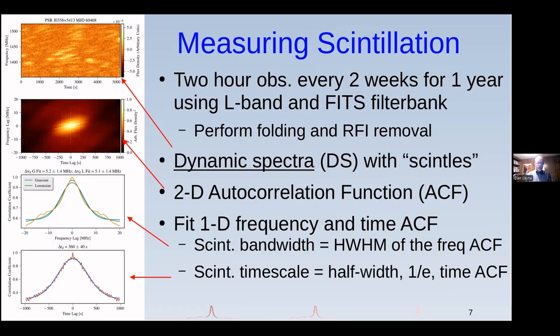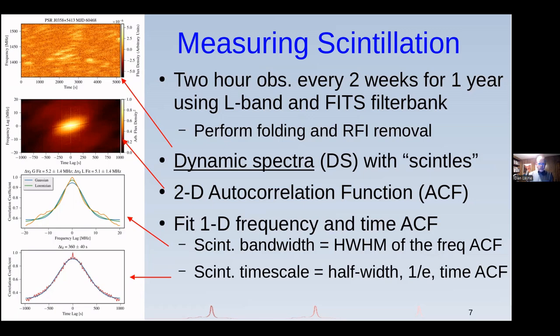That's the second one from the top with the bright blob in the middle. Then at time lag 0 and frequency lag 0, you take a frequency slice and a time slice, and you form these one-dimensional autocorrelation functions, one in frequency and the bottom one in time.